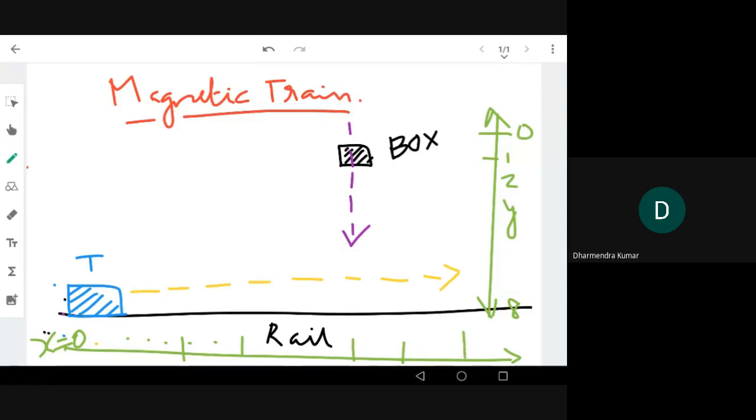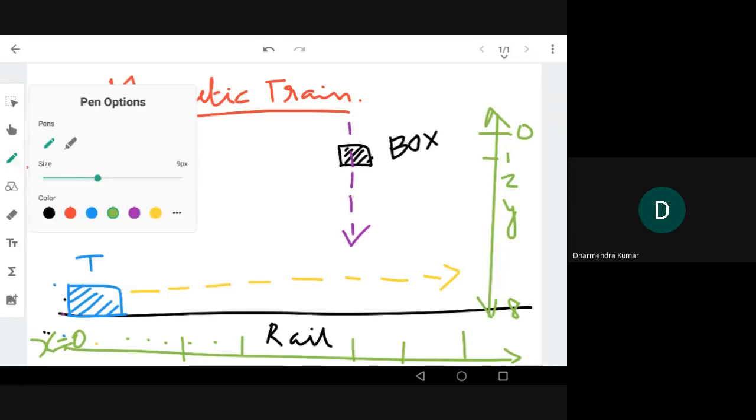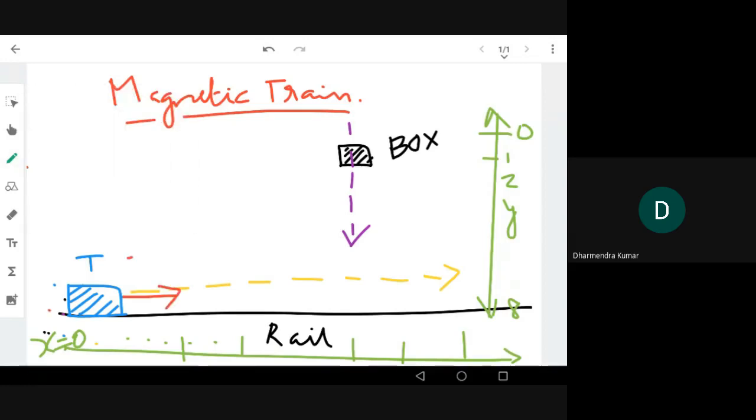There's a magnetic train which can run over the rail, it's a metal rail, and it is going to be propelled by the magnetic force Fm. This magnetic force Fm has to be induced in the magnetic train so that it can move over the rail, so that your main problem, the box which is falling, has to be caught by the train.